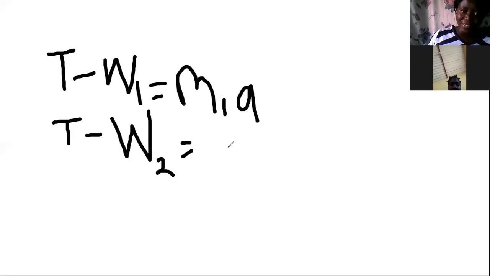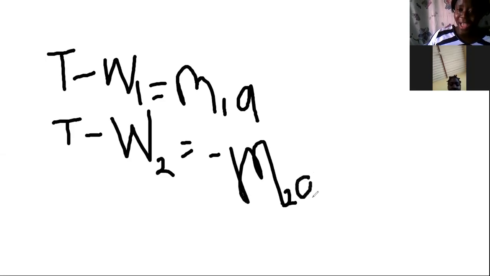We have minus that's one, the weight 1, which is equal to m1 times the acceleration. Then we have tension minus the weight 2, W2, which is equal to minus m2 times the acceleration.